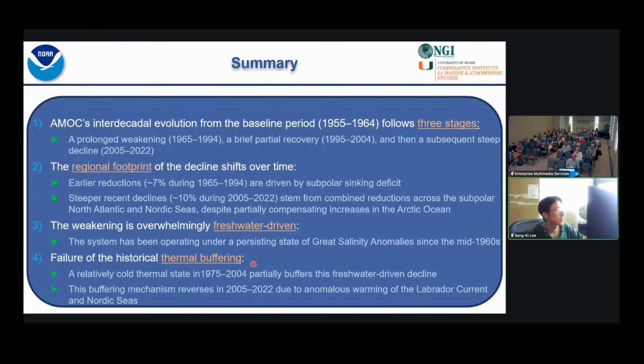And then during 1975-2004, the relatively cold state in the western subpolar North Atlantic buffers this freshwater-driven decline. However, this buffering mechanism reverses in 2005 to 2022 due to the anomalous warming of the Labrador Current and the Nordic Sea. Thank you very much.